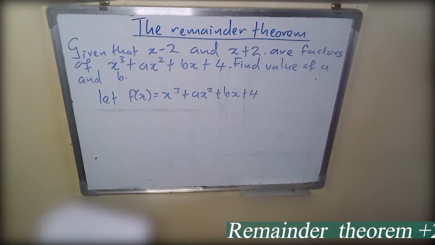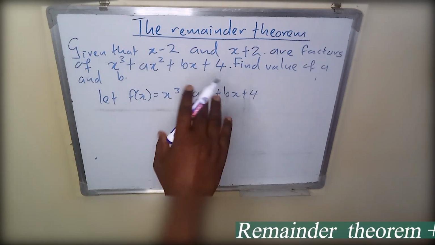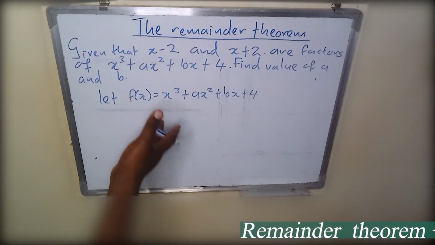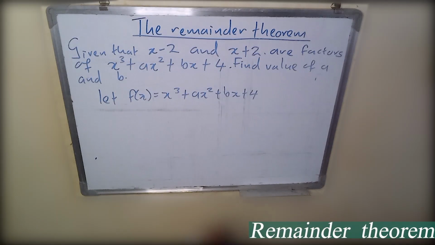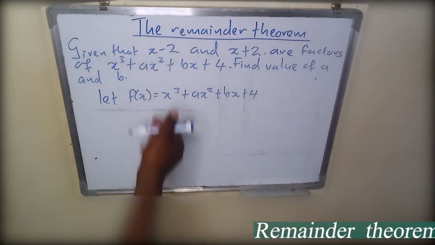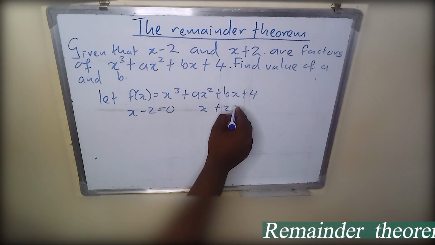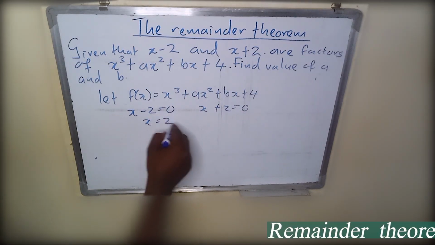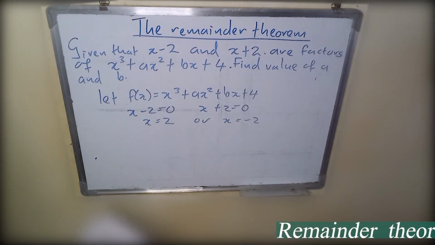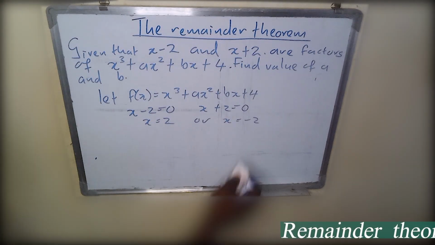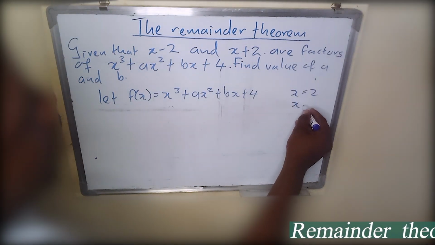Since x minus 2 and x plus 2 are factors of this polynomial, they divide into it without leaving a remainder. So we can find the roots: x minus 2 equal to 0, x plus 2 equal to 0. Then we get x equal to 2 or x equal to minus 2.